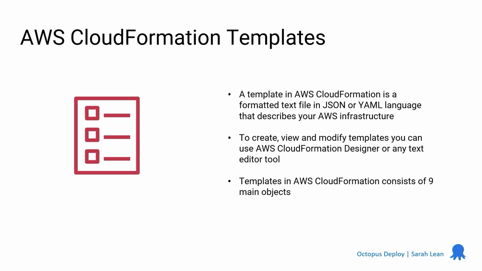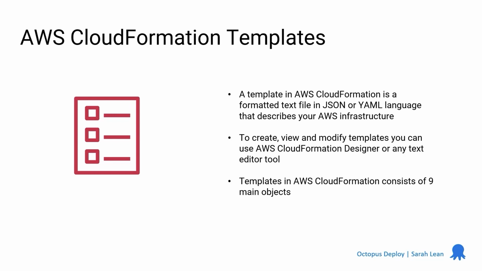Or with AWS CloudFormation, we actually have a designer, a graphical user interface designer that you can drag and drop icons onto, and then it will start to build out the template for you as well. So there's a couple of options that you can use depending on your level of skill, your level of knowledge, and where you are on that journey about using infrastructure as code.